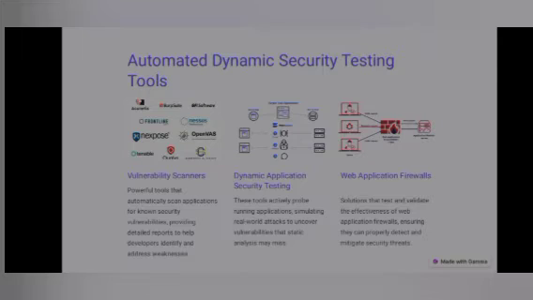Next, dynamic application security testing. These tools actively probe running applications, simulating real-world attackers to uncover vulnerabilities that static analysis may miss. Then web application firewalls. These are solutions that test and validate the effectiveness of web application firewalls, ensuring they can properly detect and mitigate security threats.